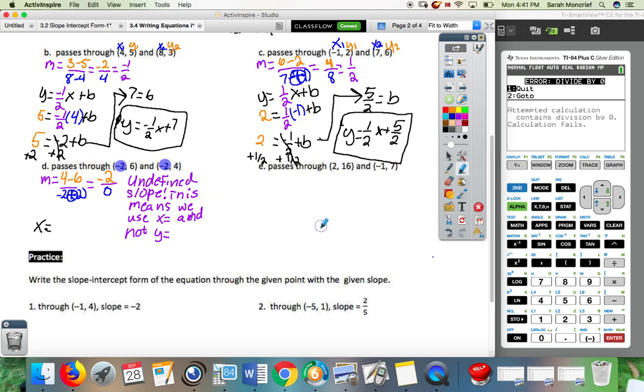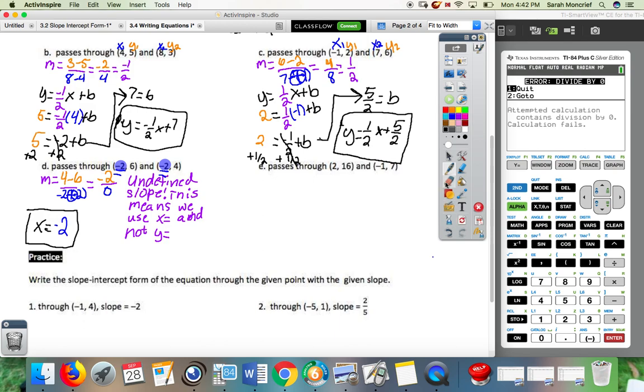My x values are both -2. So when we are getting to an x equals, we just put it as x equals our x values of -2. So x is equal to -2. And that will be your answer.